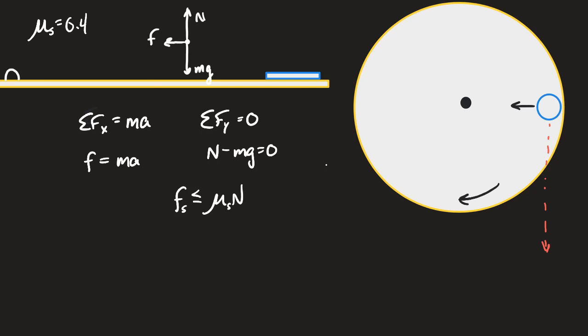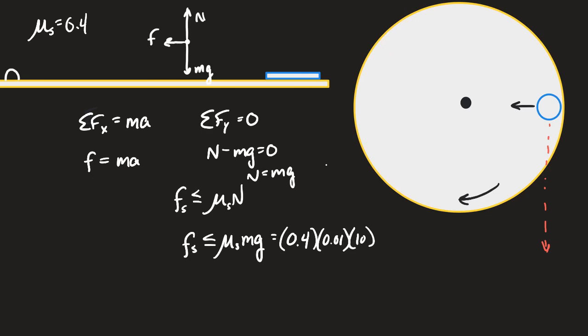Look, I can get the normal force. The normal force equals mg. So the frictional force must be less than or equal to mu mg, which based on what they gave me was 0.4 for mu, 0.01 for mass, 10 grams is 0.01 kilograms, and 10 for g.